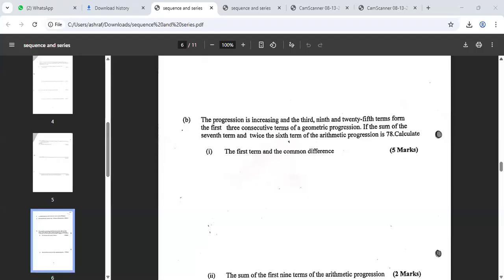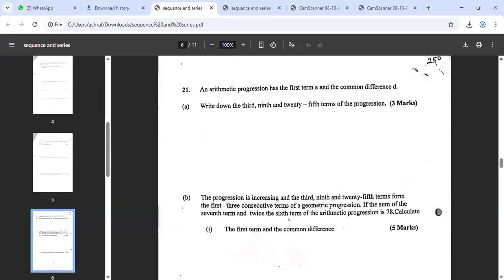No, I've not finished writing the question. I scroll up. Okay. I've scrolled up. So you can try it out and share the answer. Try it out.